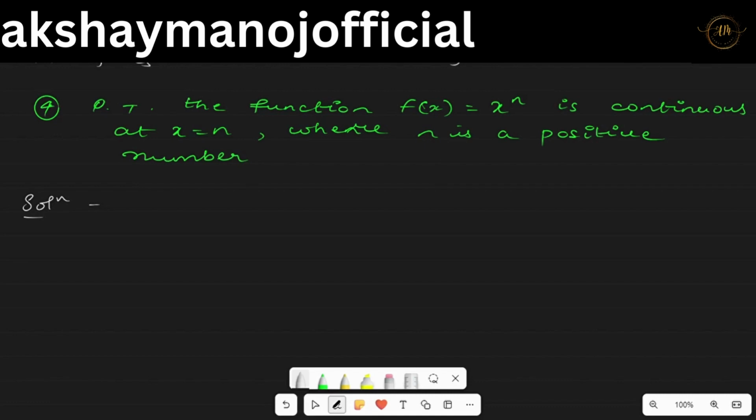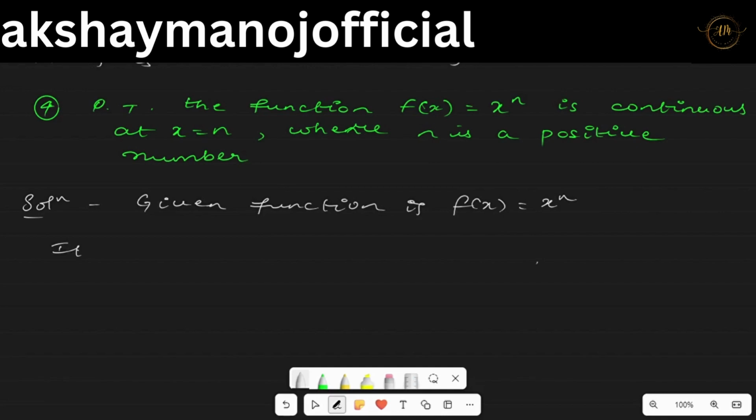So as such, I follow this rule, right? First we have to write the given function. The given function is f(x) equals x to the power n.